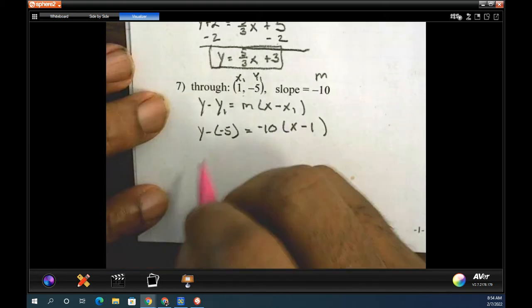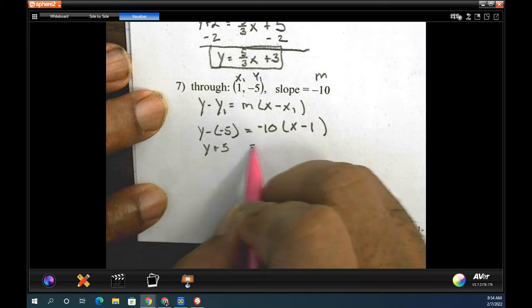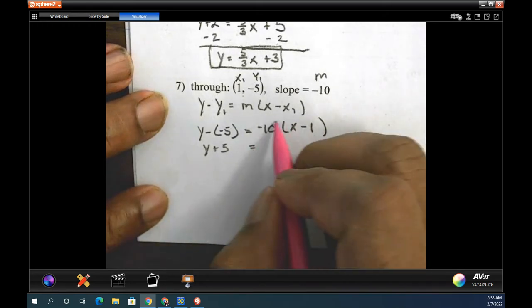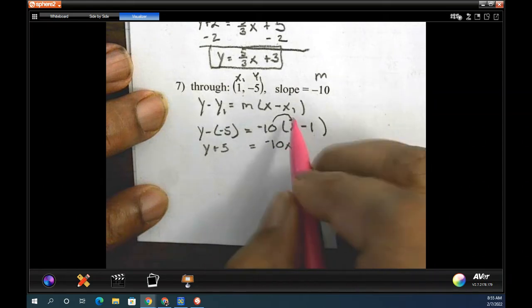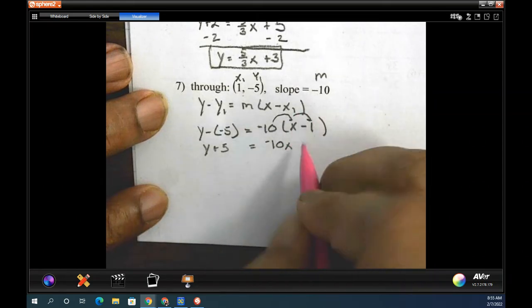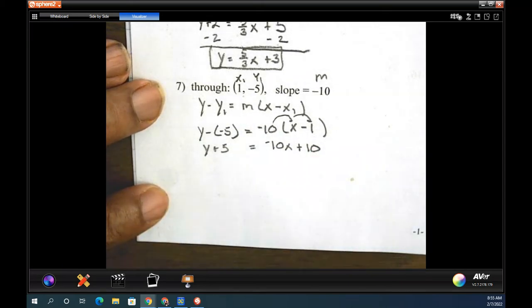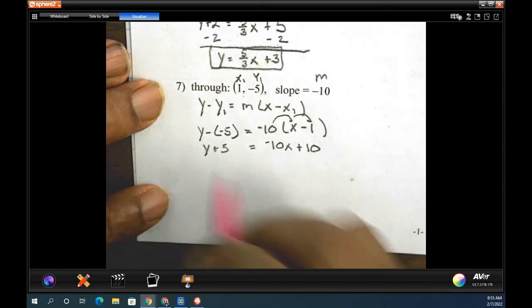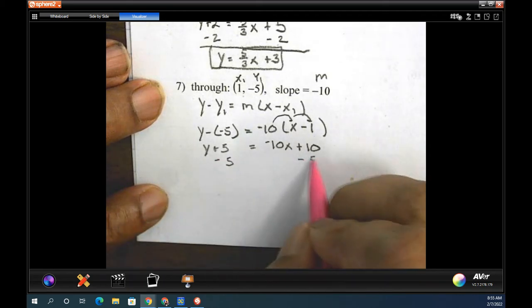Now, this becomes y plus 5. And no double sign. We go ahead and distribute. Negative 10 times x is negative 10x. Negative 10 times negative 1 is plus 10. So all you have left is subtract 5 from both sides.